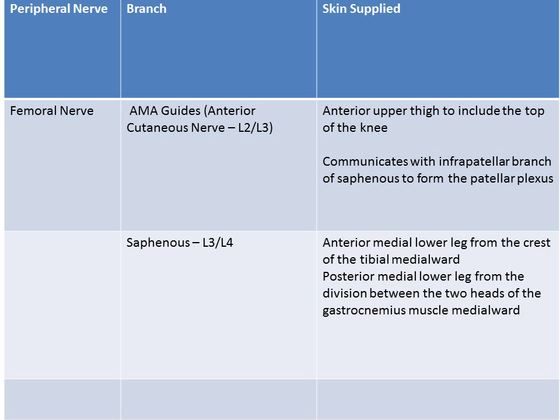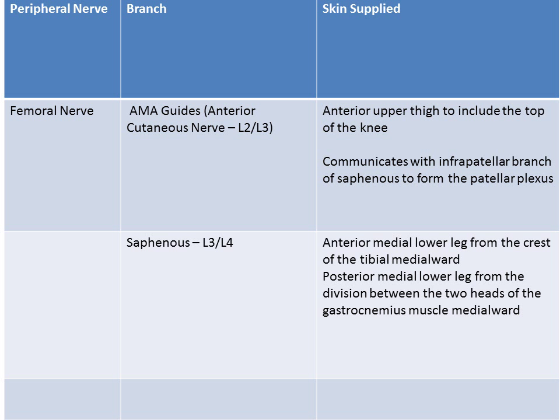The sensory supply from the femoral nerve is twofold, really. The AMA guides describe the anterior cutaneous nerve. Other references refer to those as the medial and intermediate cutaneous nerves, but the AMA guides group them into one nerve or one distribution that they call the anterior cutaneous nerve.